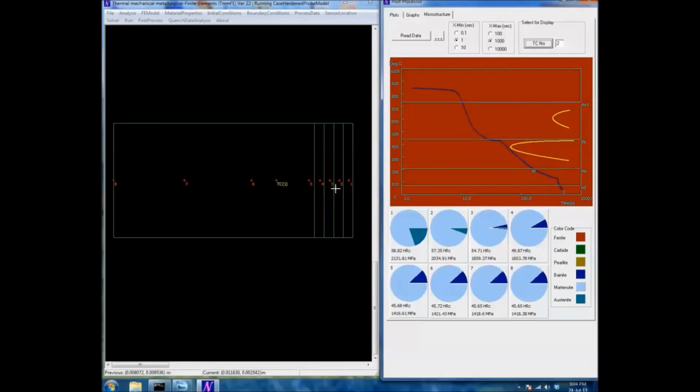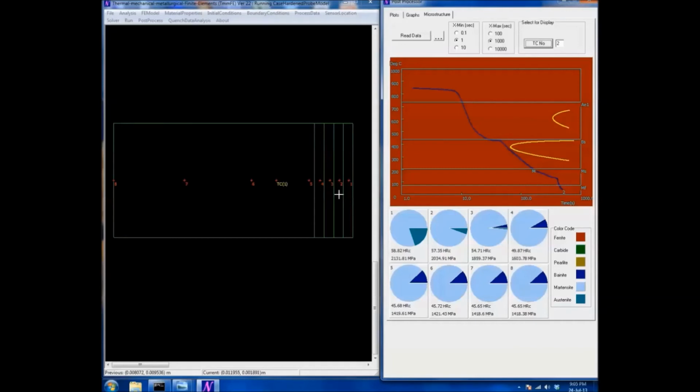Now moving towards the core, TC number 2 has different properties at the location. Because of the lower carbon percentage, the hardenability is slightly lower than at the surface, and the corresponding microstructure that is expected is shown here in the pie chart. Now that has slightly lesser retained austenite and slightly lower hardness compared to the surface, and slightly lower tensile strength.